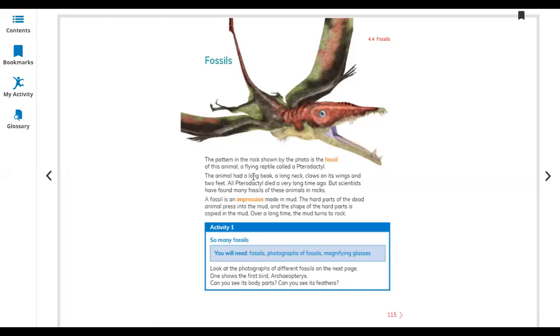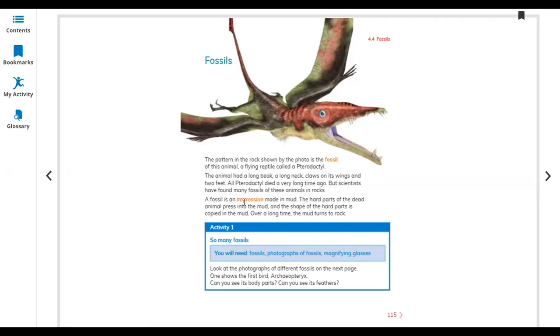This animal had a long beak, a long neck, claws on its wing, and 2 feet. All pterodactyls died a very long time ago, so this animal is not available now. But scientists have found many fossils of these animals in rocks.